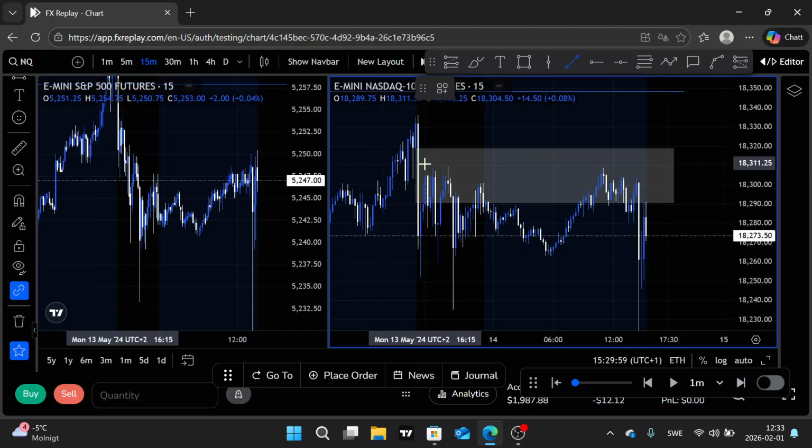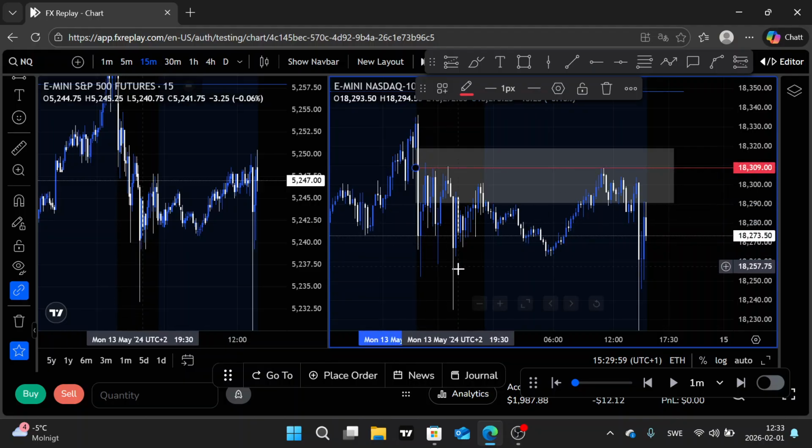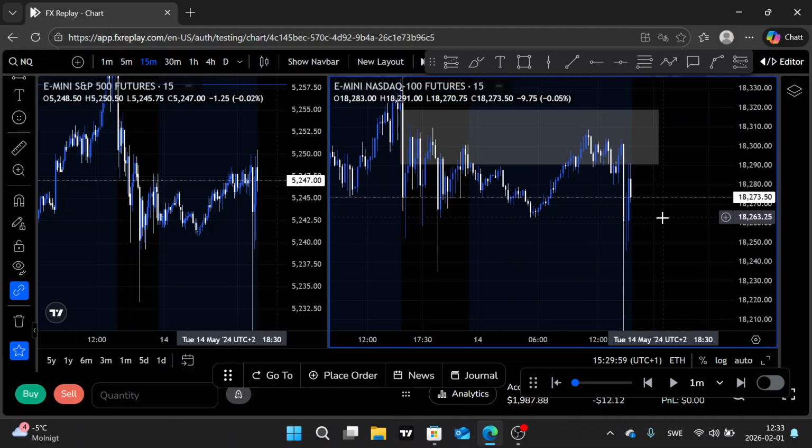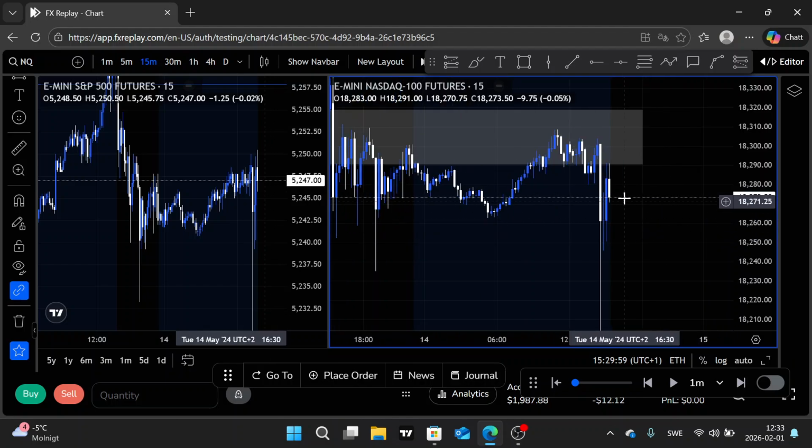No, we didn't take that, but let us see. Okay, we still have these highs here, so keep that in mind. But as I said, we have 15 minutes for value gap here, but we also have 15 minutes for value gap here.